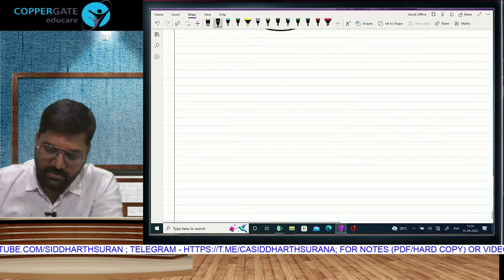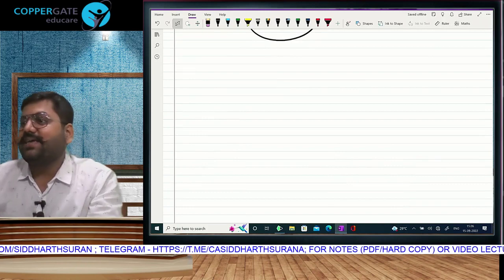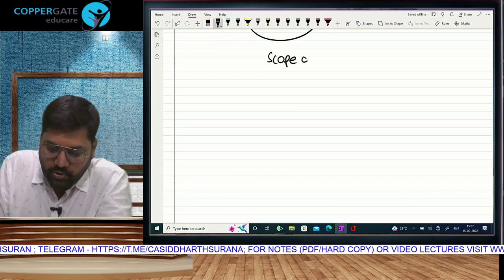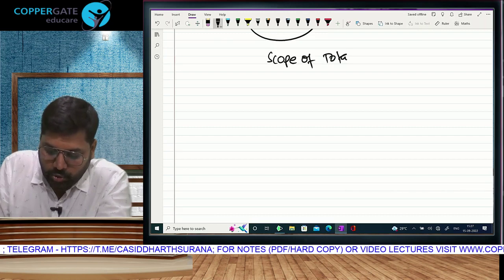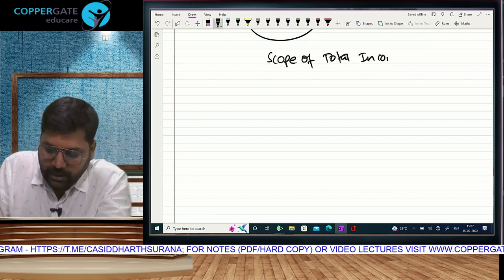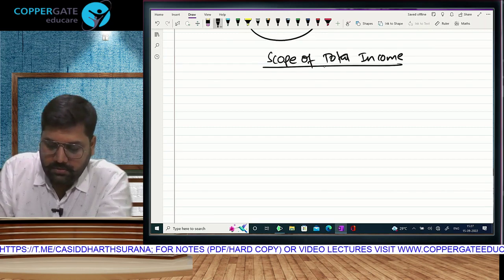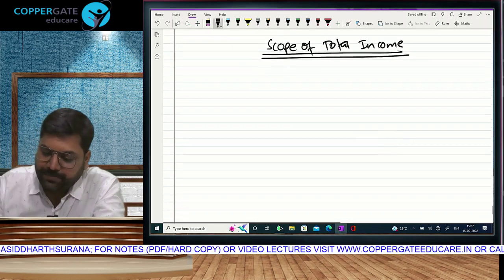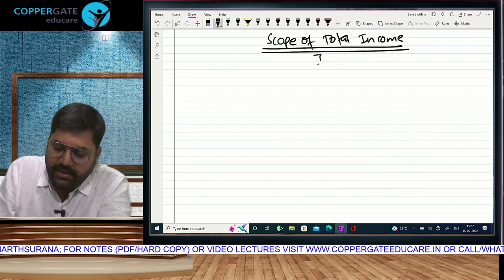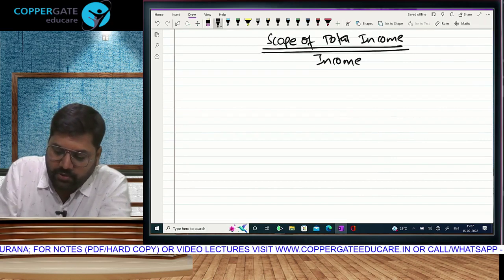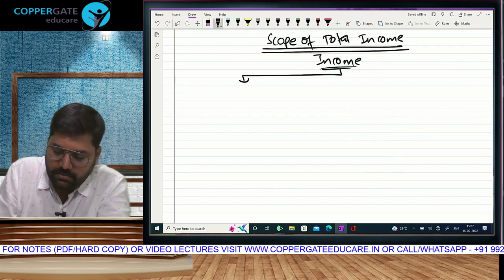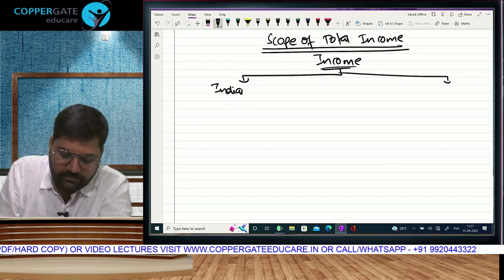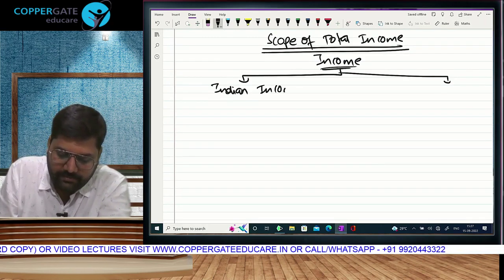We are now going to move to the second part of the chapter, that is scope of total income. Part 2. Under this part of the chapter, your income is basically going to be divided into Indian income and foreign income.